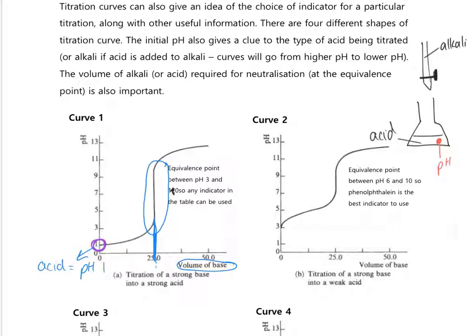So remember, the first bit of information we can tell is the pH of the initial acid. So this is now, it starts at pH 3. What's pH 3? It is an acid, yep. It's strongish, but we're going to go with it's weak, because it's weaker than 1.